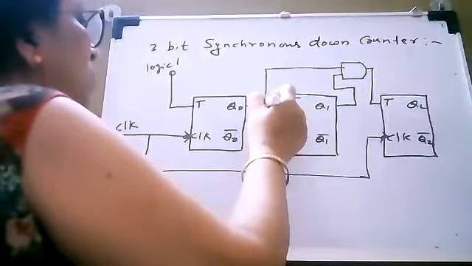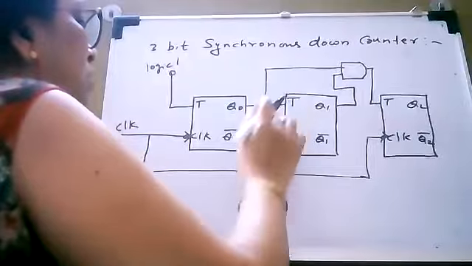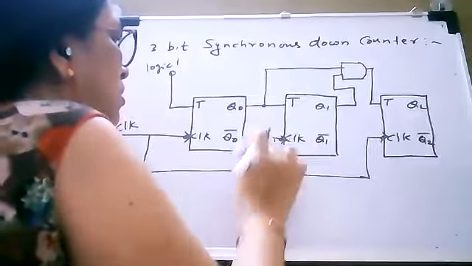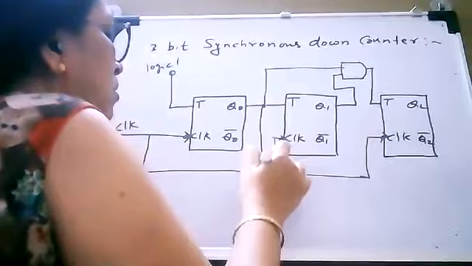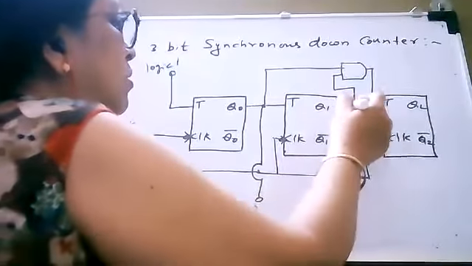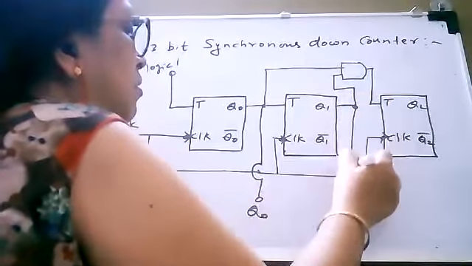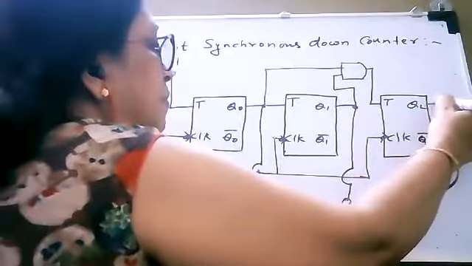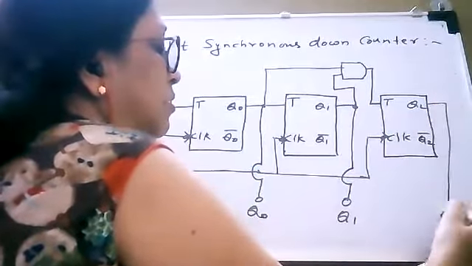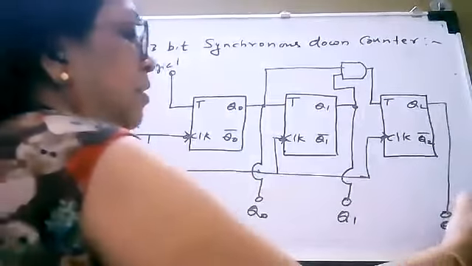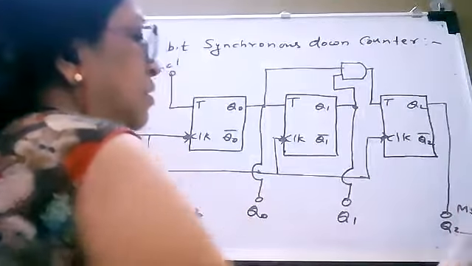Okay, so this is your Q0, this is Q1, and this is Q2. So this is LSB and this is MSB.